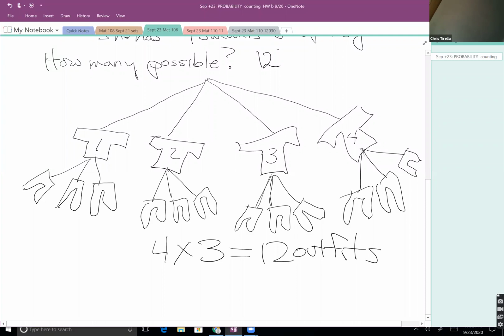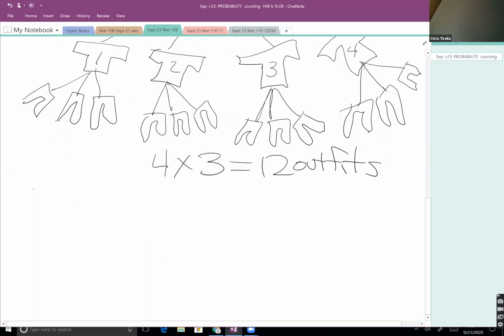And so that's what the fundamental counting principle says.